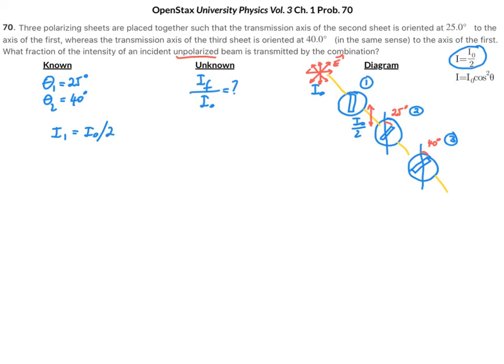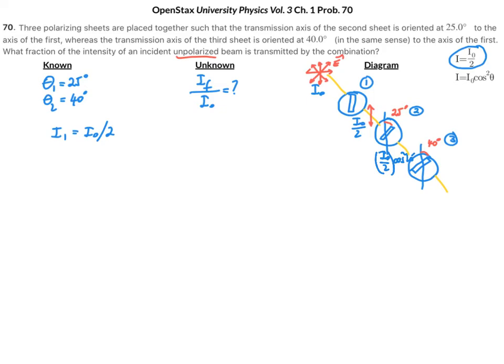All right, now we have polarized light, and we have to use this second equation. So we know that the light intensity after this second polarizer will be the intensity before, so that's I0 divided by 2, times cosine squared of the angle between the new polarization direction and the previous transmission axis. So we will have here I0 divided by 2 cosine squared 25, and that's a little bit of a mess there.